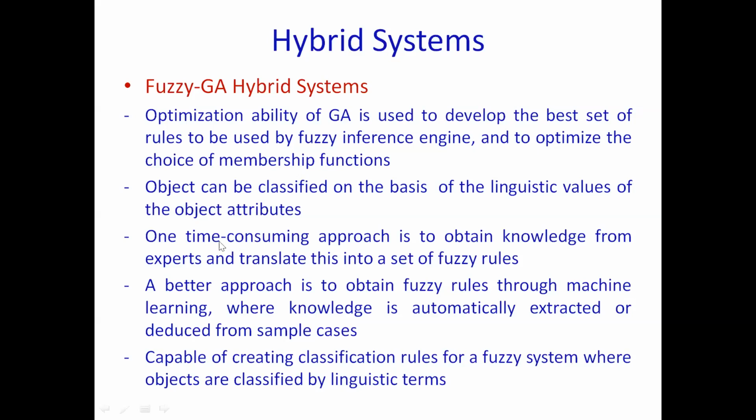Also, sometimes experts may not be able to put their knowledge into an appropriate form of words. So in that case, a second approach can be taken. This approach is to obtain the fuzzy rules through machine learning, whereby the knowledge is automatically extracted or deduced from sample cases.